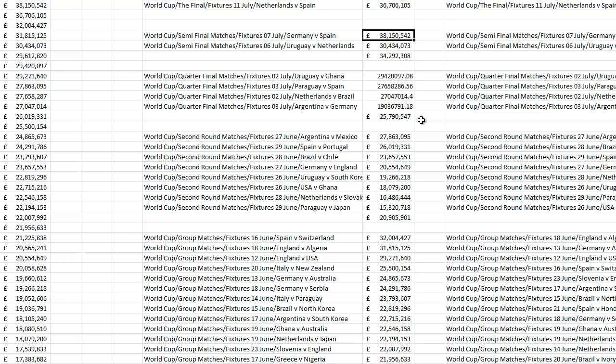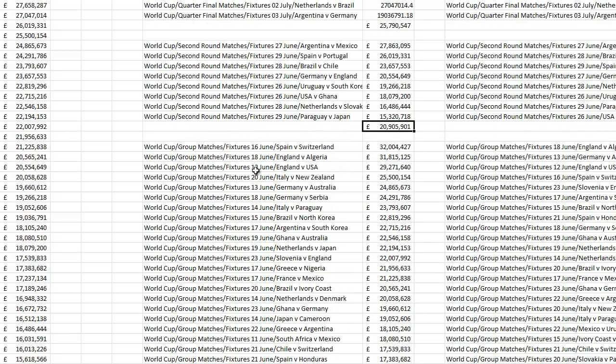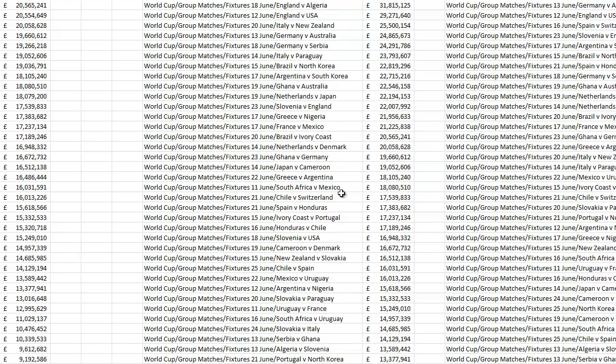The semi-final was 38.1. But if we group these together, you can see that at the semi-final stage, the markets turned over an average of 35 million in total. At the quarter-final stages, it was 25 million. In the second round matches, it was 20 million. And in the group stages, the average turnover was about 17 million.